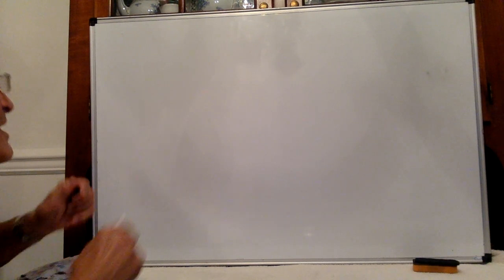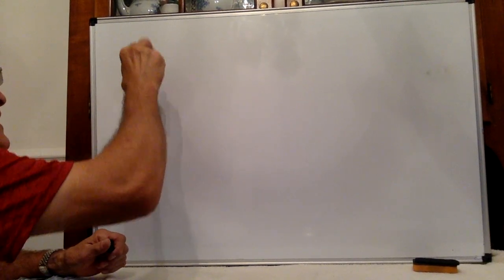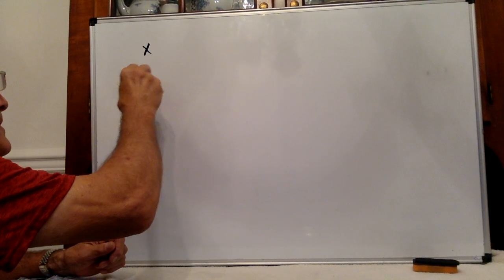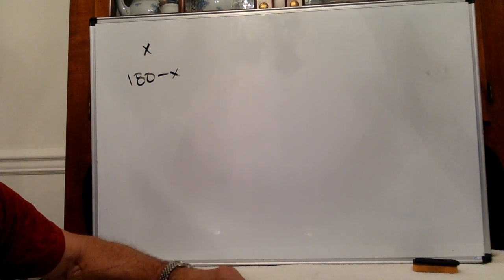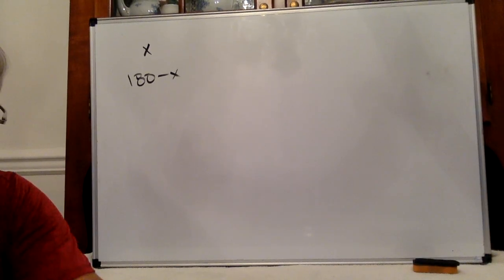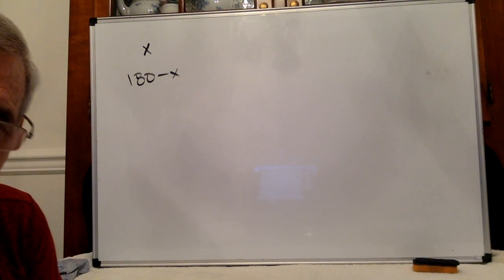Again, this problem can be done in 2 variables. It can be done in 1 variable. I'm going to do it in 1 variable. The 2 angles are x and 180 minus x. I know that because they're supplementary angles.